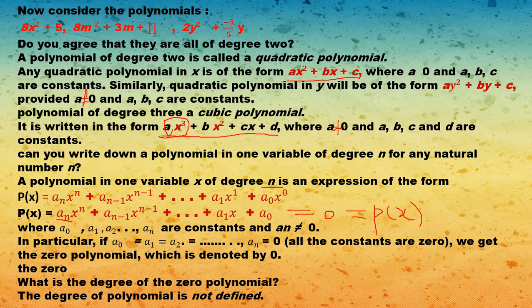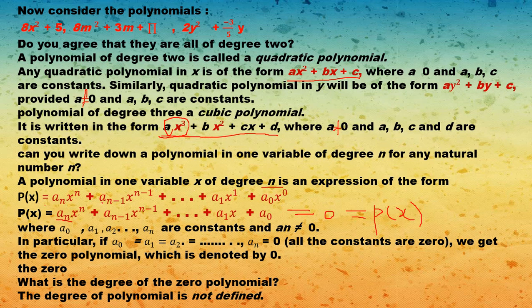So any expression in the form p(x) equals a_n x raised to the power n plus a_(n-1) x raised to the power n minus 1 plus up to a_1 x plus a_0 x raised to the power 0 is known as a polynomial. If the highest exponent is 1, it is known as a linear polynomial.